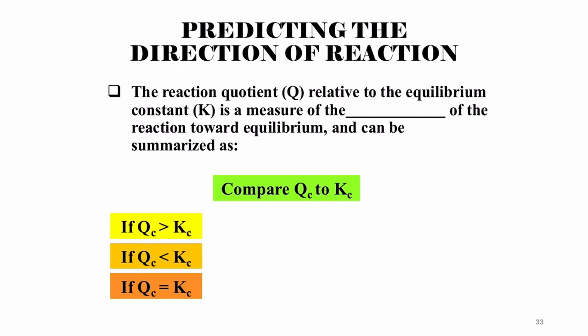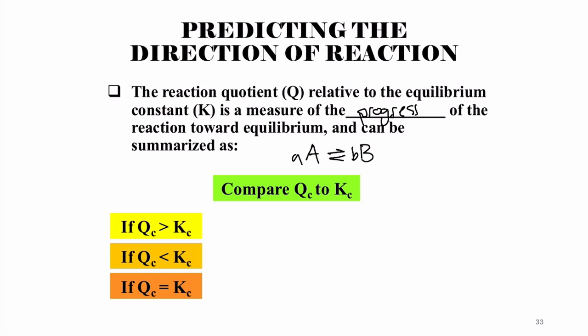Right, so how do we compare these? Well, again, the reaction quotient relative to the equilibrium constant is a measure of the progress of the reaction towards equilibrium. And so if Q is greater than Kc, and I'll just do a simple reaction, A to B, because I don't want to write all the other letters.